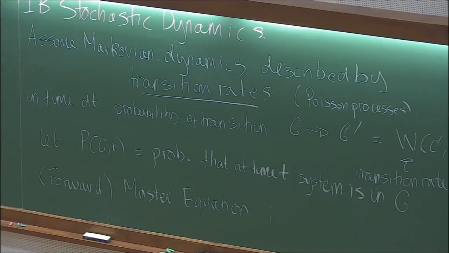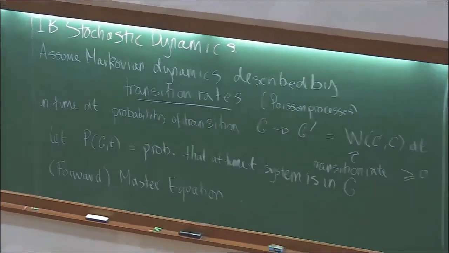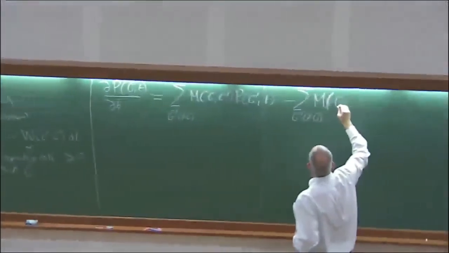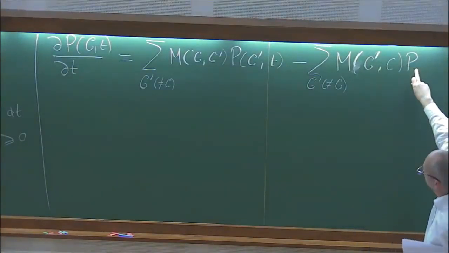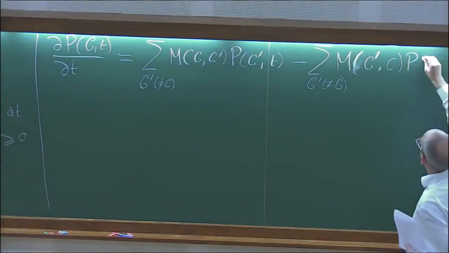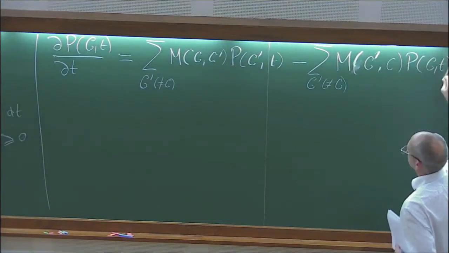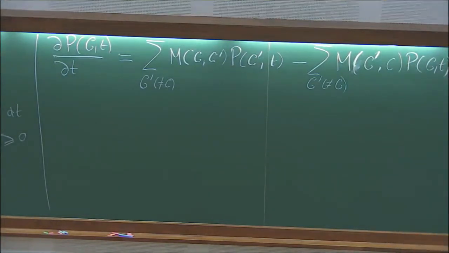And then, of course, we have loss of probability from C. So again, we'll sum over C primed, not equal to C, and we're going to all the other configurations from C. So I've got M, C primes, that's right, C, and we lose probability from configuration C. Yes, thank you, I made a mistake.